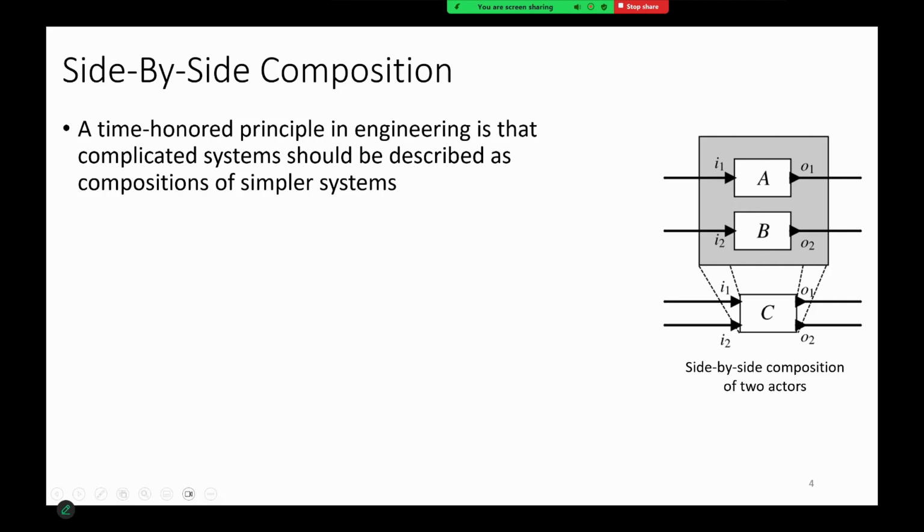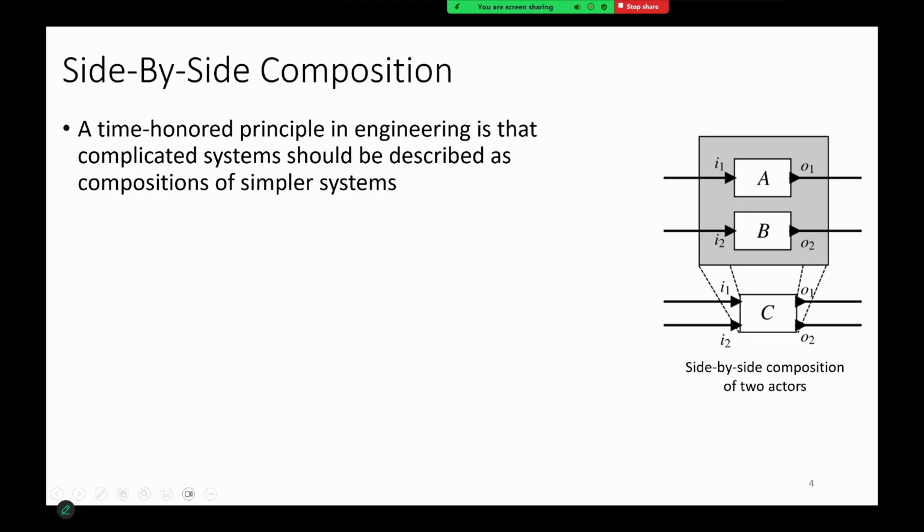In this chapter we are composing state machines, which might consist of smaller state machines. The first composition is side by side, which is clear from its name. Input I1 leads to output 1, and I2 leads to output 2.